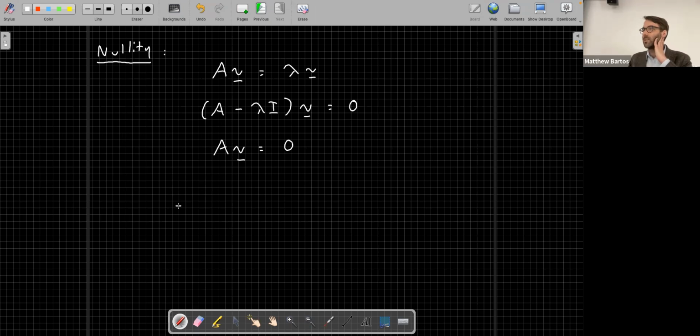Okay. And what does this remind us of? V is in the what of A? Null space. So what does this imply about the nullity of A in terms of the eigenvalues? Remember, what did we do here? We set lambda equal to 0. So what does this imply about the nullity of a matrix A in relation to the eigenvalues?